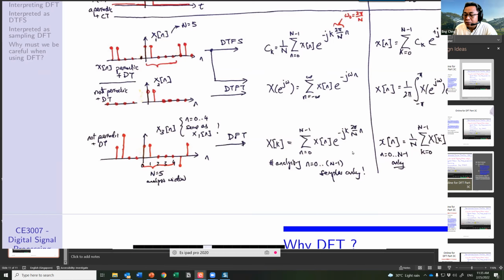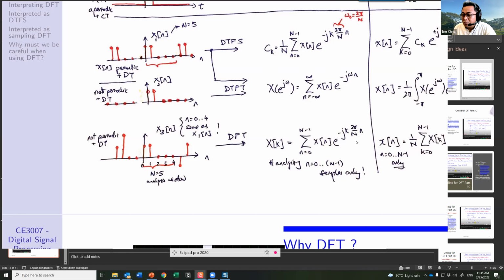Now let's look at the equation for DFT carefully. DFT says that if I have an n-point DFT, I only need to look at n equals 0 to n minus 1. So 5 point means 0 to 4 point. You look at this equation. I will take the input signal xn from 0 to the 4 point and multiply with this complex exponential and sum it up.